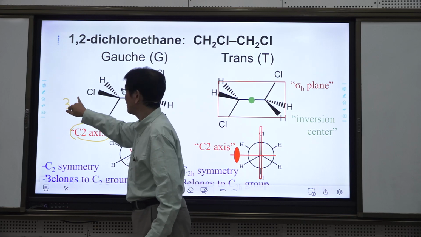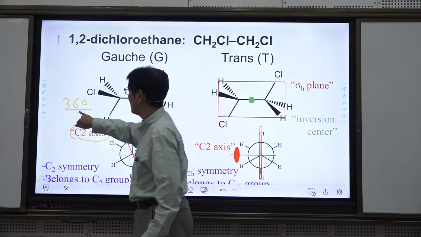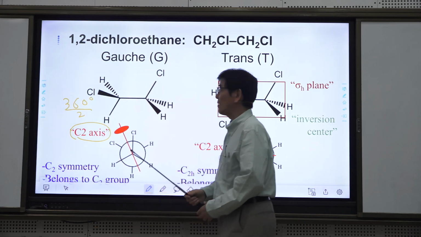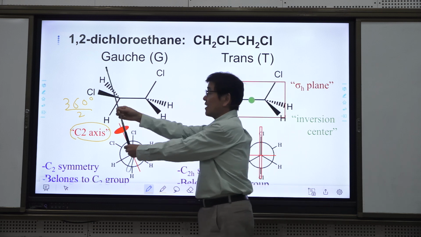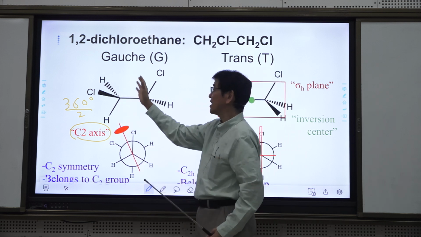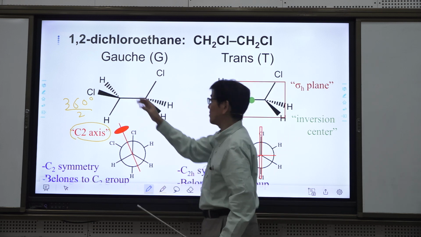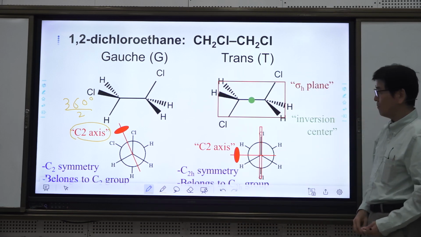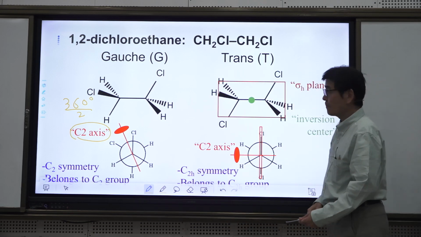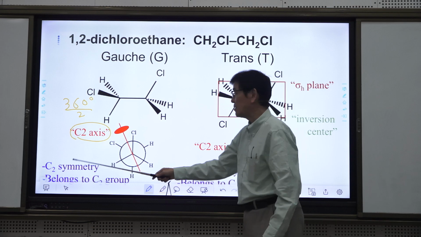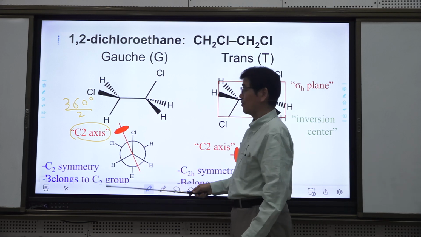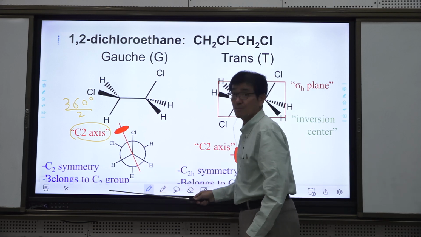So by rotating 180 degree, it returns to the original position. We call it this molecule has a C2 symmetry, or this molecule belongs to C2 group.